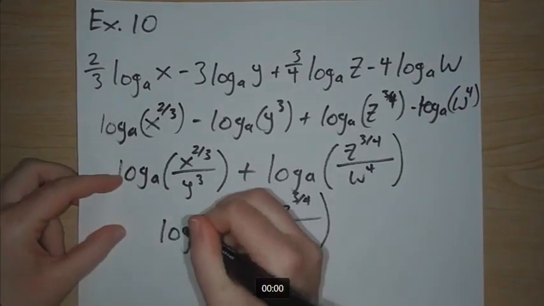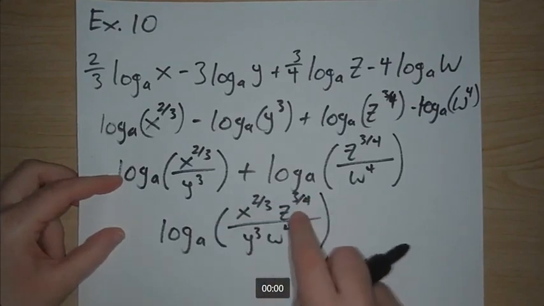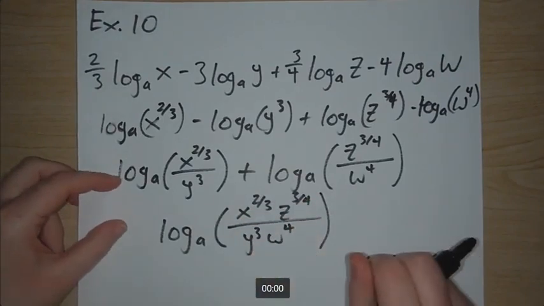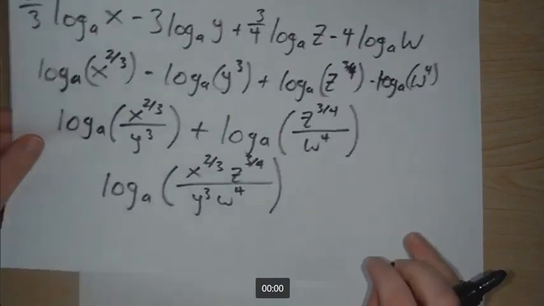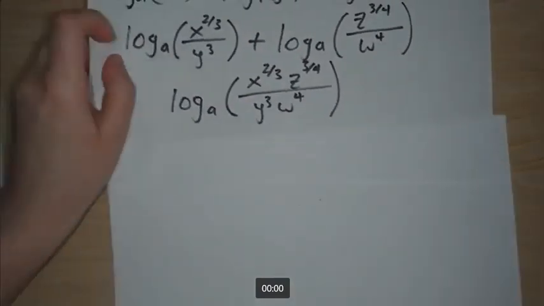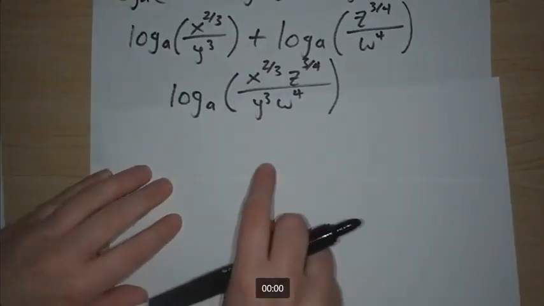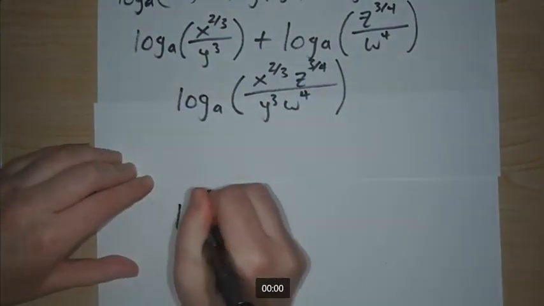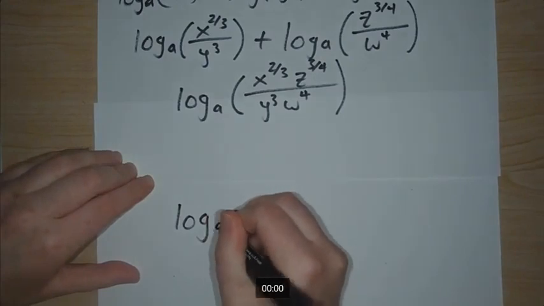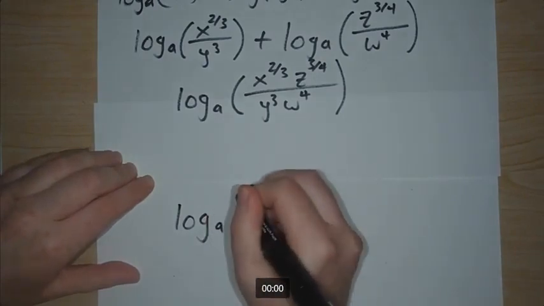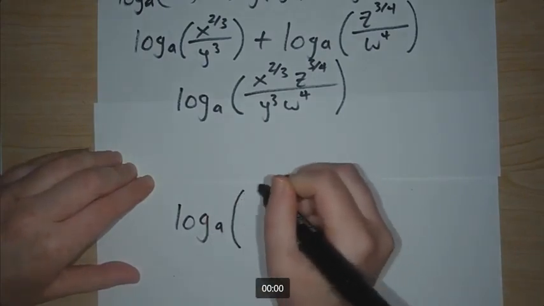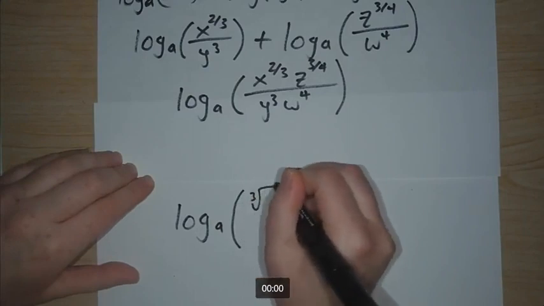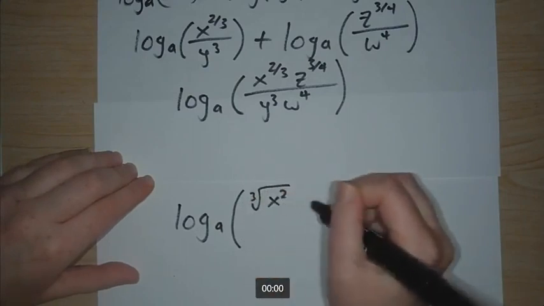The last thing we can do, this is pretty condensed, but the last thing we can do is write these exponents in radical form. So we have log of x to the 2/3, z to the 3/4. We can rewrite that as log of a, and x to the 2/3 is the same thing as the radical of 3 of x squared.